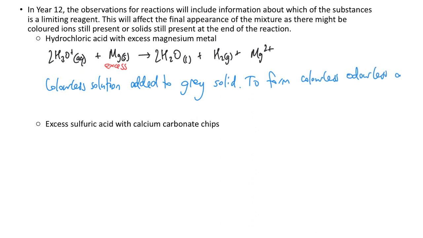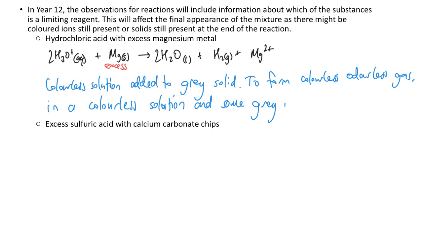That's the hydrogen, right? In a colorless solution because the magnesium is not colored. And some gray solid remains. Okay, so you have to indicate that you understand that some of the gray solid will remain, right? Not all of it will dissolve.